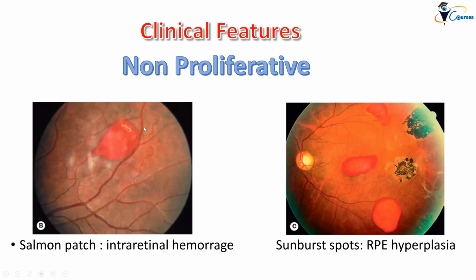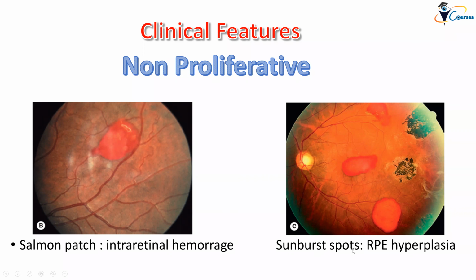Salmon patch will be a result of hemorrhage present in the fundus. This hemorrhage is not due to proliferation, not due to new vessels. One of the commonest tricks in the MCQs is that they will present to you a case of intraretinal hemorrhage, called salmon patch appearance, and say that it is due to proliferation. No, it is the non-proliferative phase.